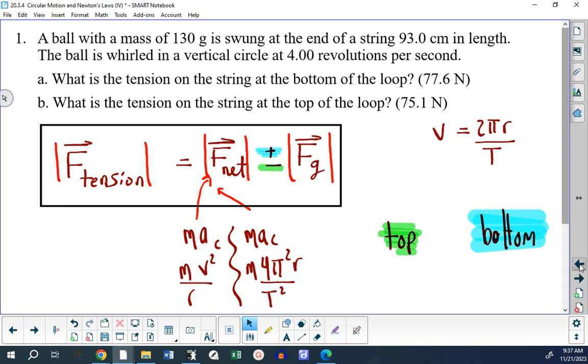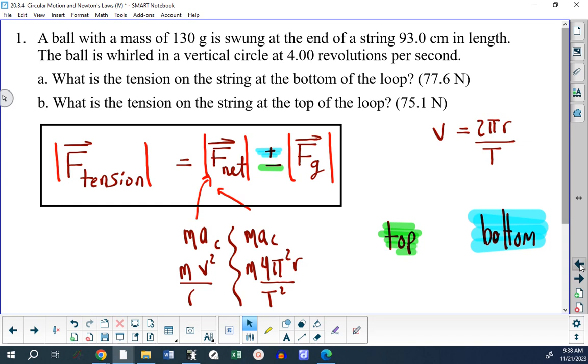The reason why it's like this for an object on a string or for an object going around a circular track is that the object is inside of the arc and is being pulled by something inside. But what's happening here is you were on the outside of the curve and you were traveling along the outside. So you have to subtract the opposite way.